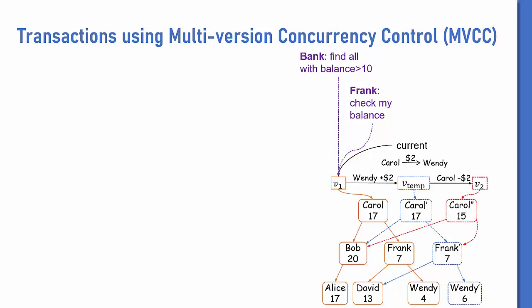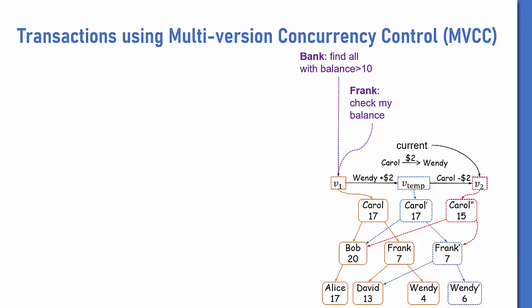After that, the transaction has finished, and we can commit v2. We do this by just swinging the new root pointer, and then the current version is now v2. So anytime you want to read the current version, you see v2, and you will see the tree rooted at Carol double prime.